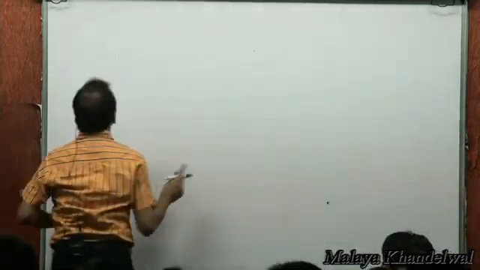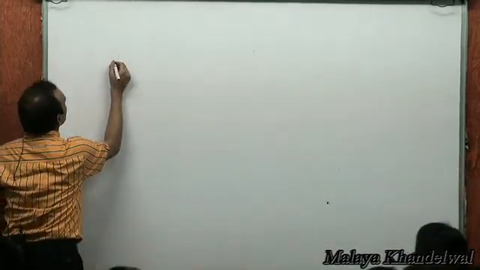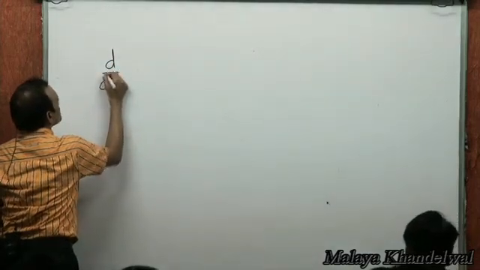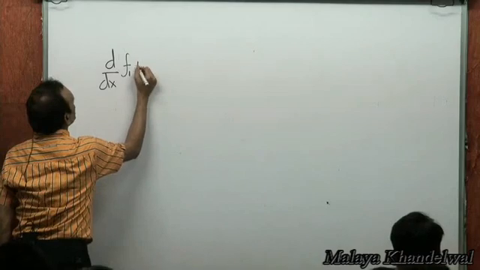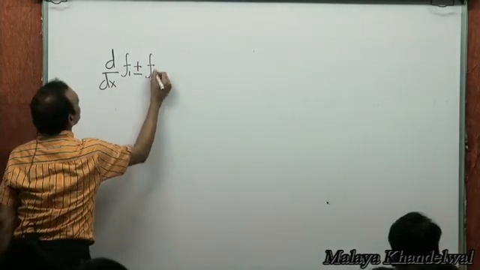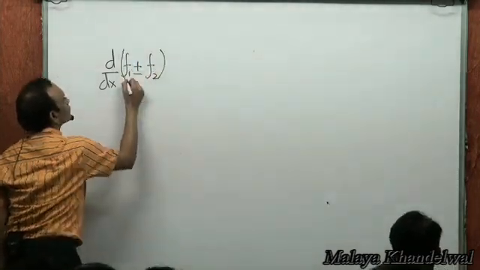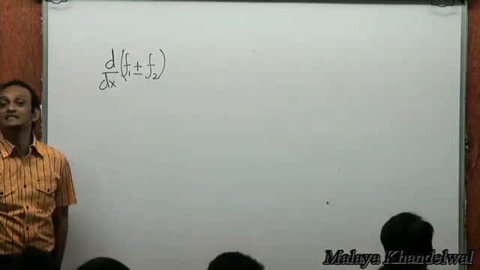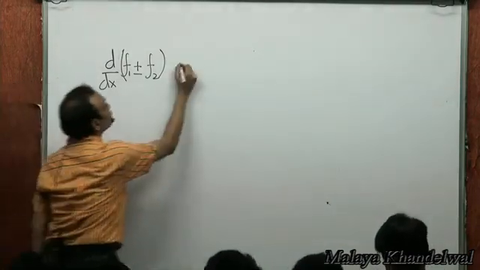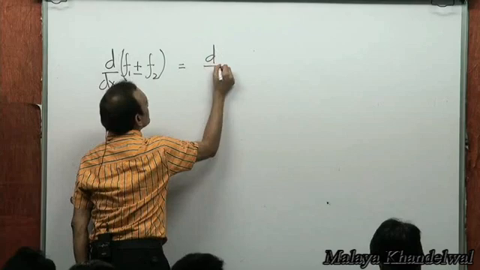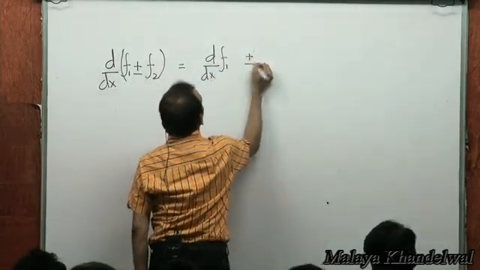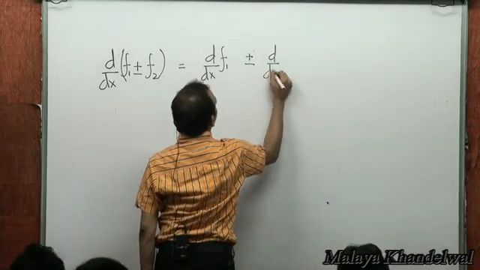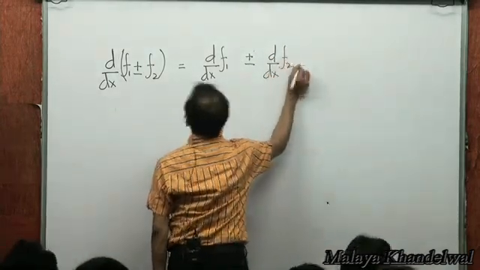Now, d/dx of f1 ± f2, the derivative of the sum or difference of two functions, like you know, is the sum or difference of their derivatives: f1' ± f2'.